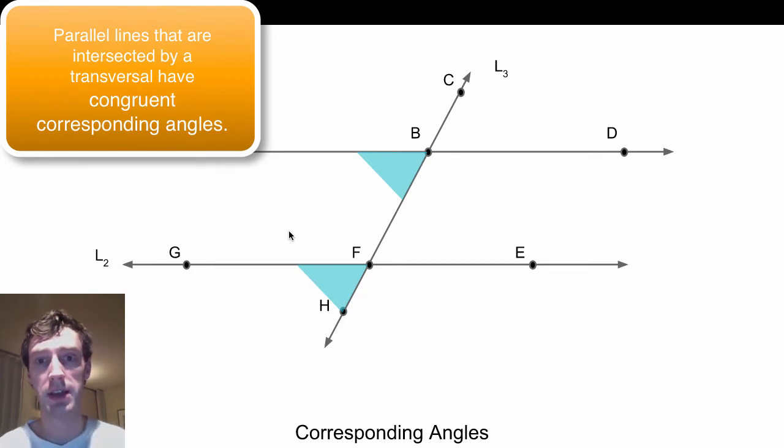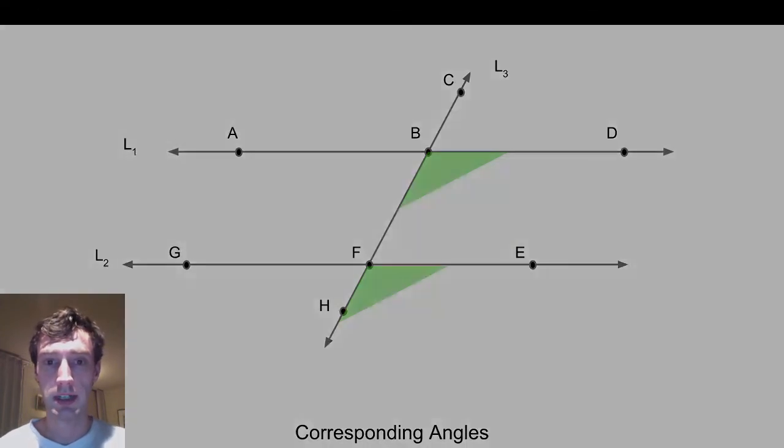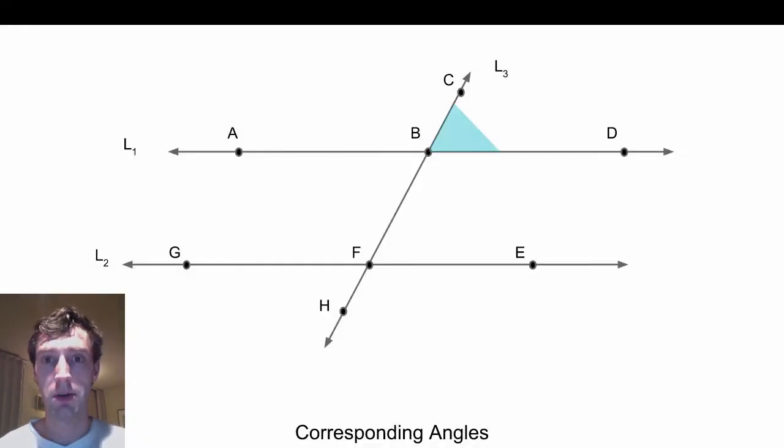Congruent means that they are the same size. Another pair of corresponding angles would be DBF and EFH. Those are also congruent. One more pair, CBD and BFE, are corresponding congruent angles. And my last pair of corresponding angles, CBA and BFG.